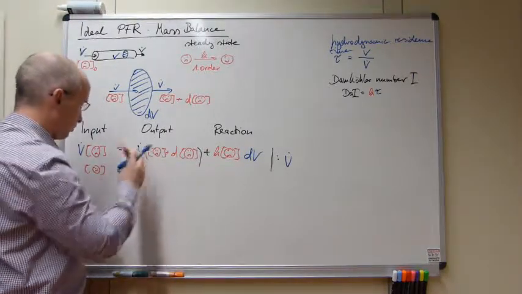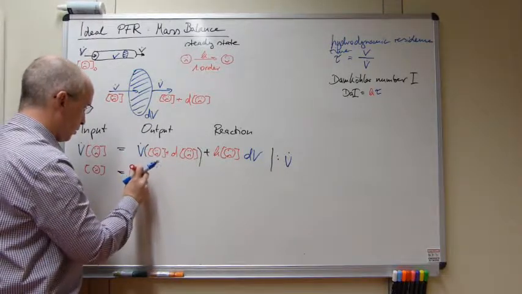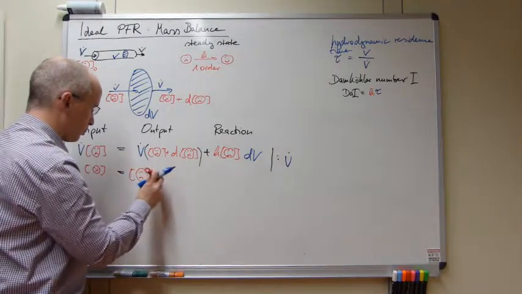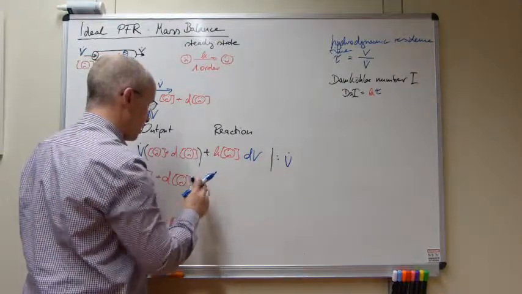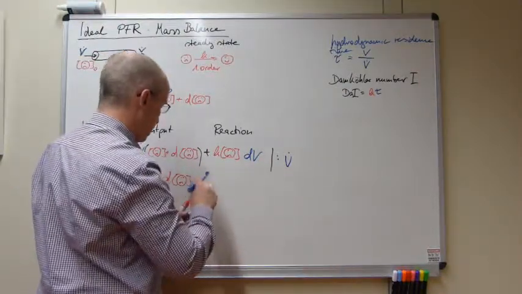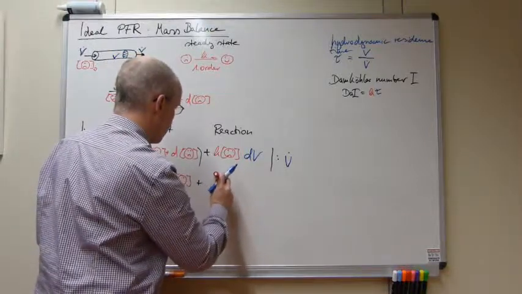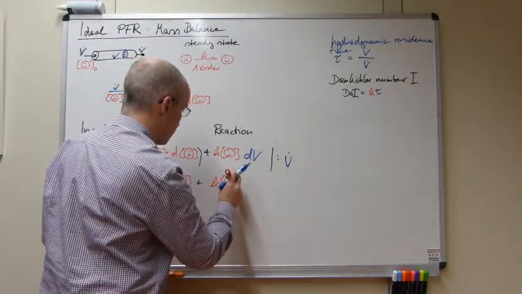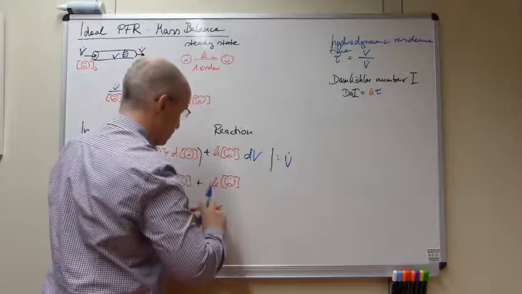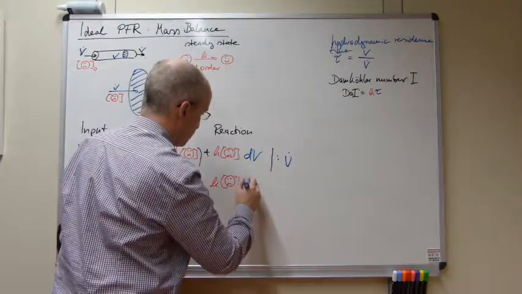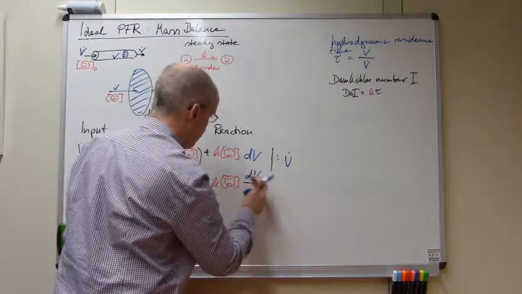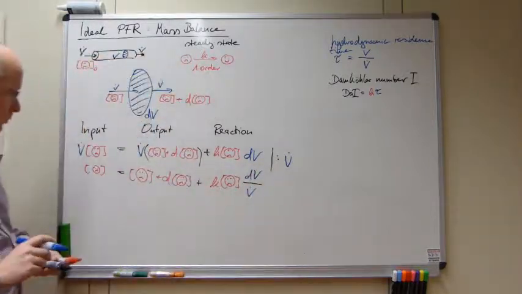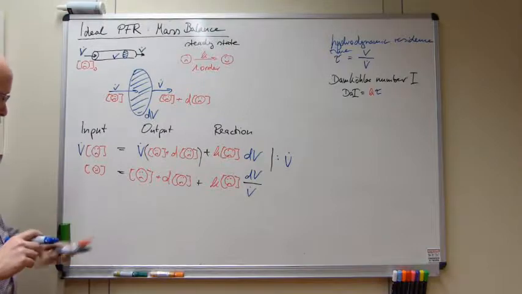We will have concentration separated here, plus K times unhappiness times dV over V dot. Okay, and we can do two things.